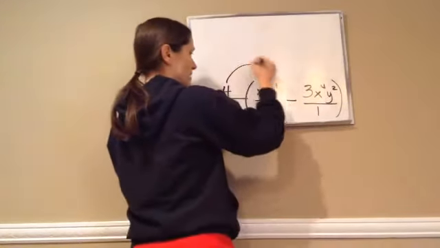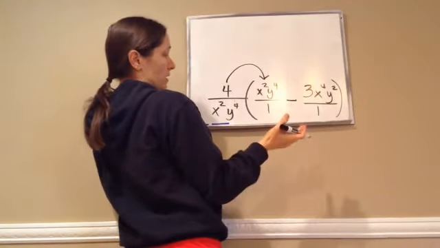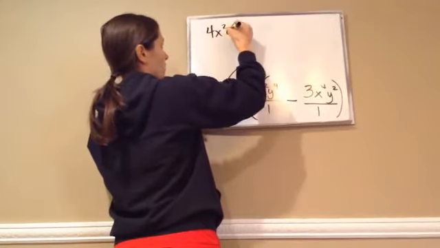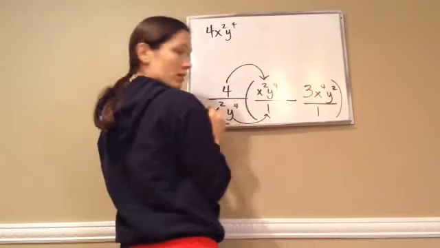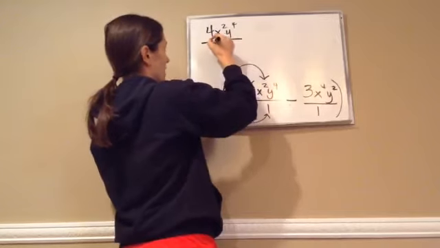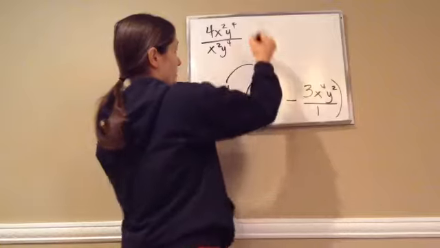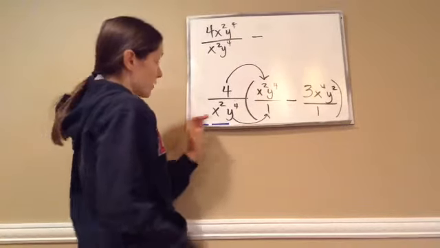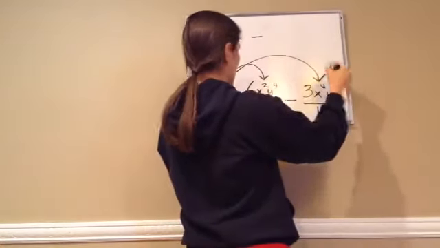So, let's take this 4 and multiply it by x squared y to the 4th. Basically, you bring them all together. So, 4x squared y to the 4th. Okay, now let's do this. See what I'm doing? Yeah. Over x squared y to the 4th. Alright? Minus, still with me? Yep. Okay. Now we're going to say 4 times this.